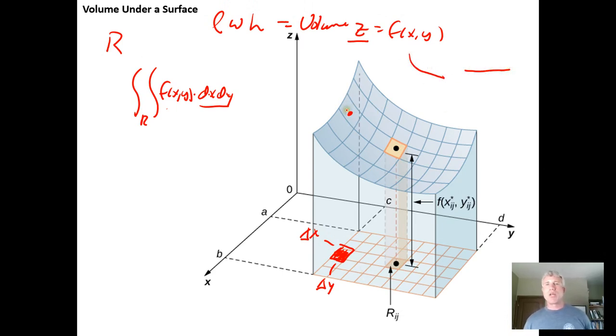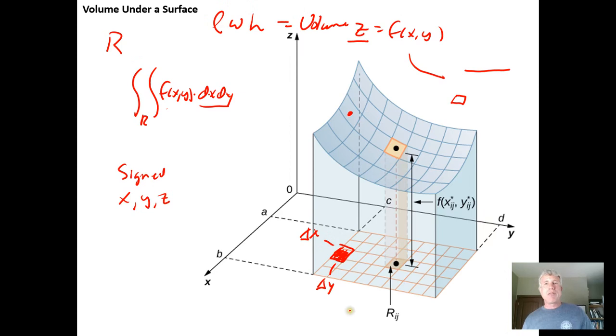When we zoom in on a surface, which might look curved here, but when we make these squares in the xy plane infinitely small in size, when you look up above it, what you see is a flat surface above it. Just like when you zoom in on the surface of the Earth, as a human, it appears locally flat. So you're going to get the volume under the surface, and that volume could be a signed volume depending on whether x, y, z are positive or negative.